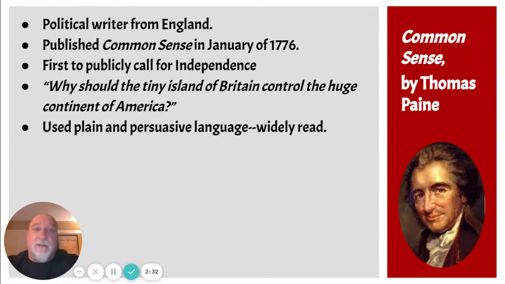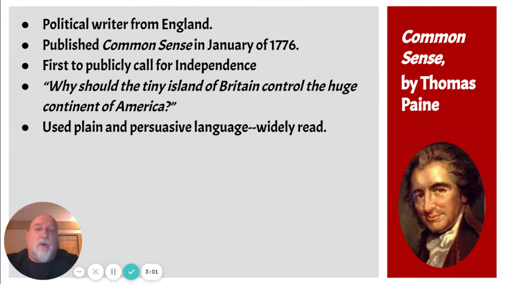And in a nutshell, he made two arguments. Basically, why would the tiny island of Britain control an entire continent, that is America? He said that doesn't make sense. Why are we letting this one tiny island control this entire continent, or half of the continent at the time? And the other thing he argued was he questioned the right of the king to rule.